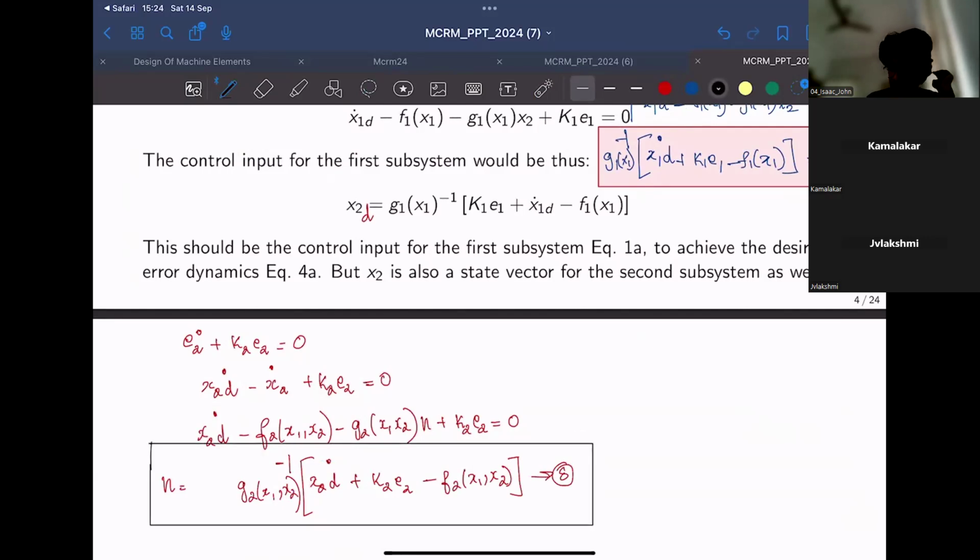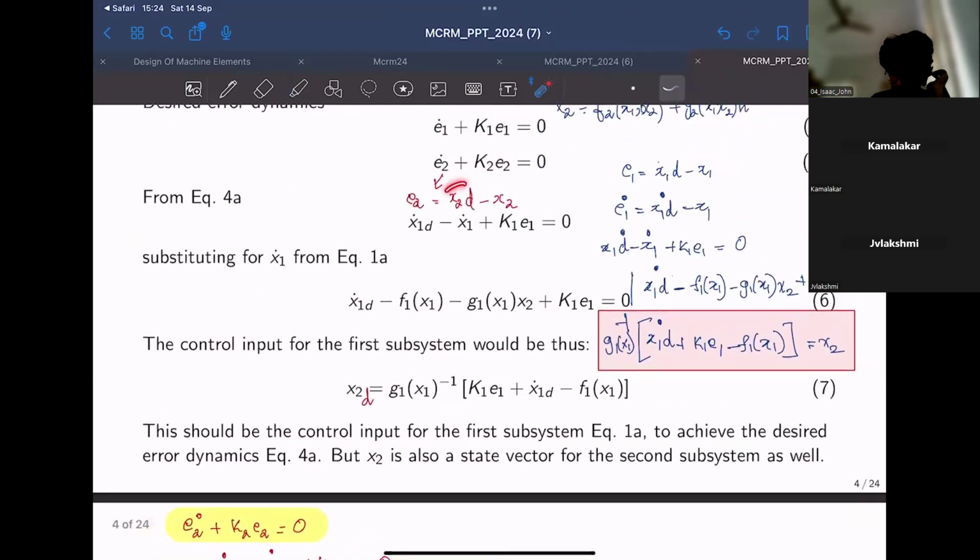So what does this physically mean? If you select your control input torque as per this equation, you can pretty much guarantee that the second subsystem follows this error dynamics, right? So if the second system is forced to follow this error dynamics, that basically means x2 tends to x2 desired, where x2 desired is this term.